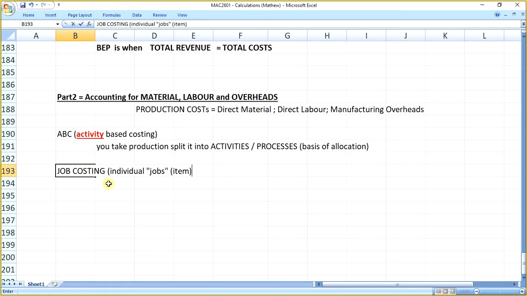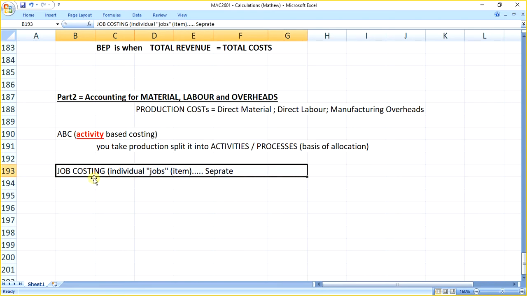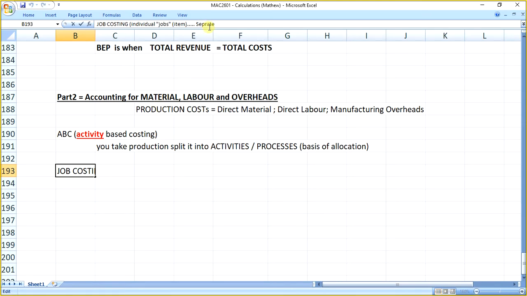So a job is not separating the production, in terms of the whole process, into different activities. That's ABC. With job costing, you're separating the different products, the different jobs, into separate categories, and then you're looking at each of them. Does that make sense? It's quite similar, but still different. Yeah, it makes sense.